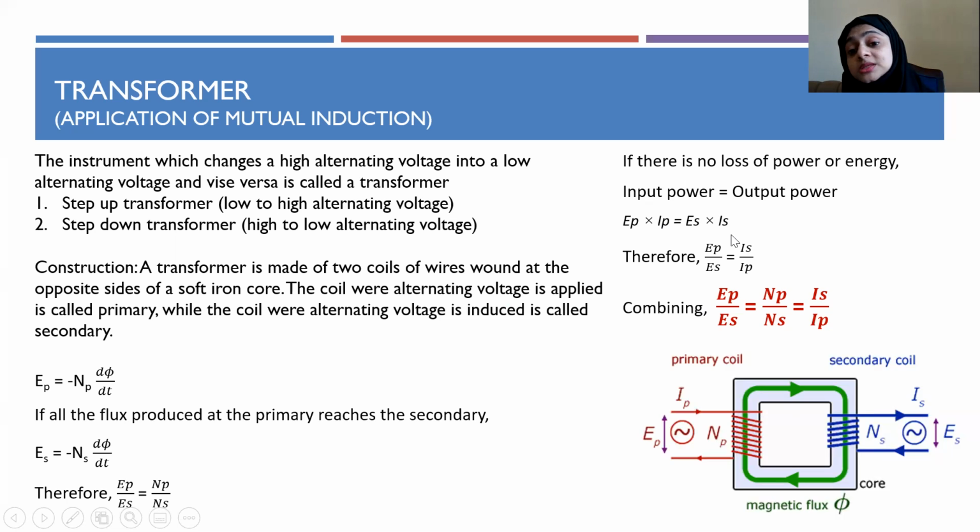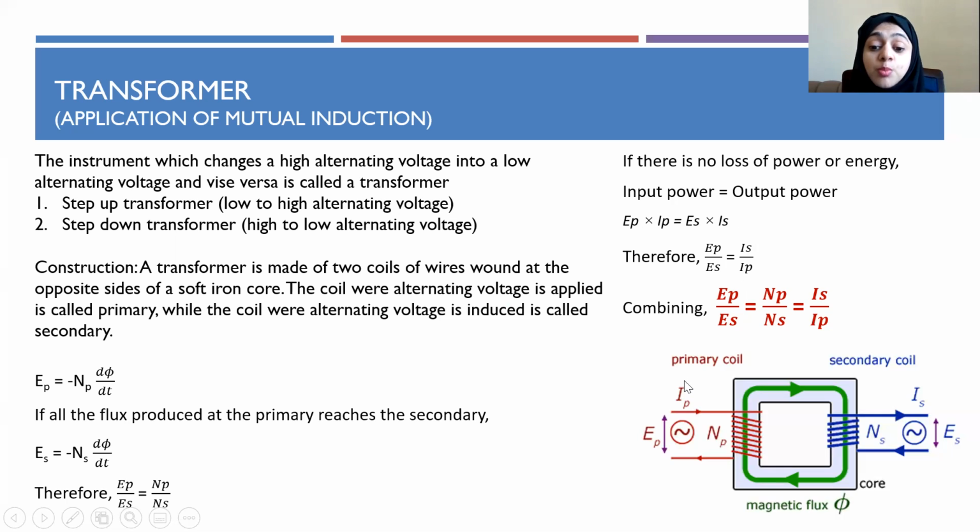And power in the secondary is equal to voltage times current in the secondary, so ES into IS. Now, if we take ES to this side, it will become EP by ES. And if I take IP to this side, it will become IS by IP. Therefore, from this equation, we get that EP is inversely proportional to IP and ES is inversely proportional to IS.